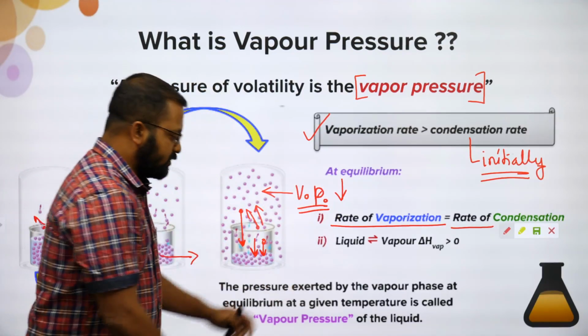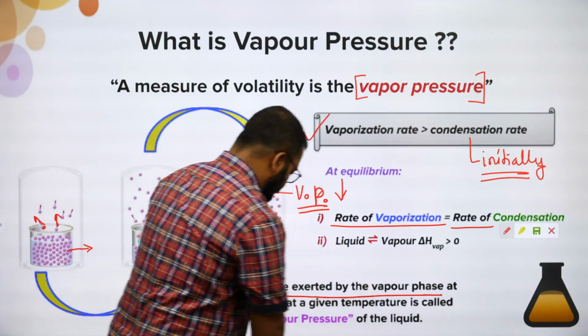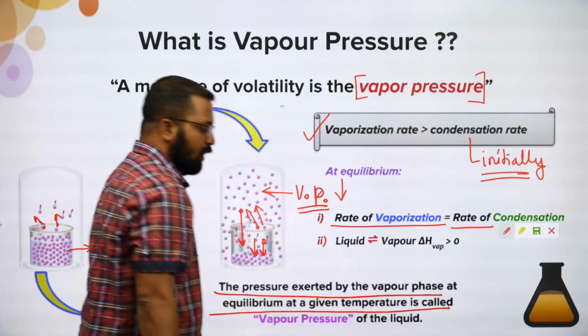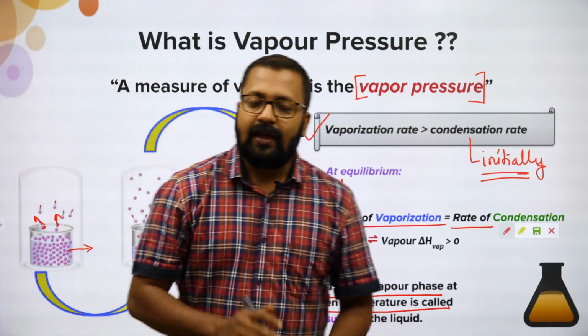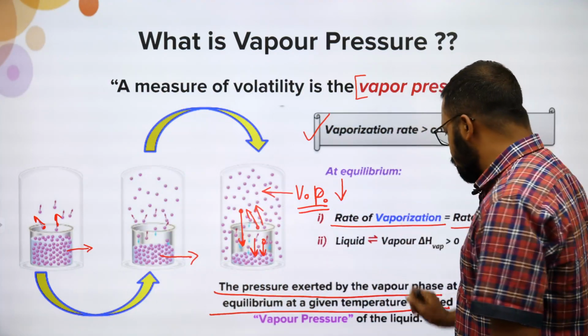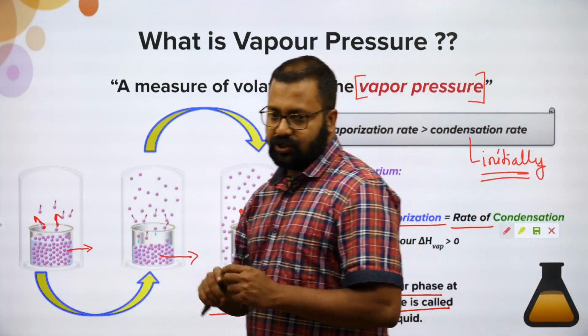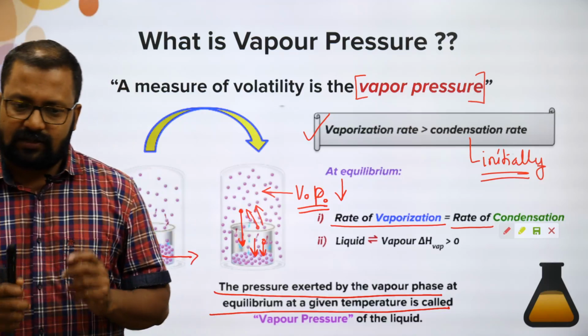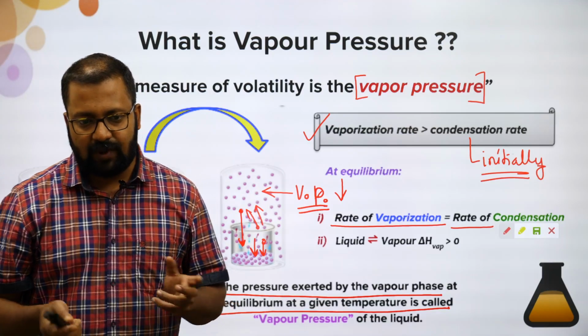So the pressure exerted by the vapor at equilibrium at a given temperature is known as vapor pressure.